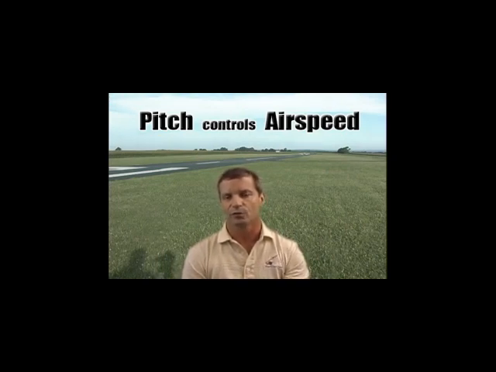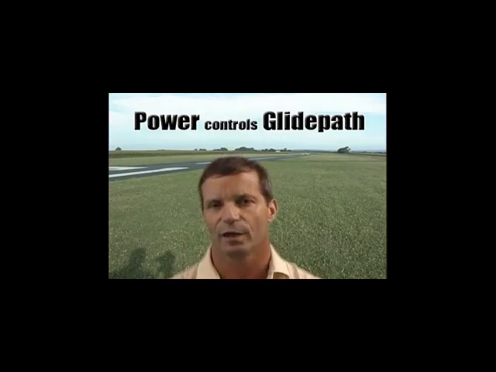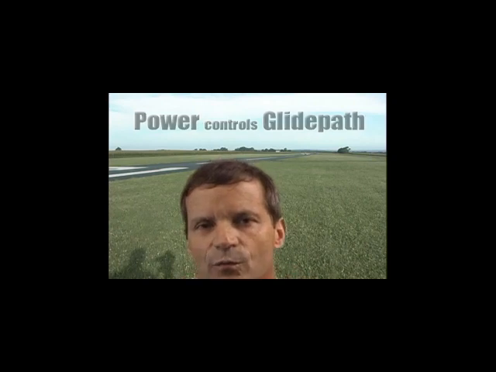So airspeed control is critical, and the primary control for controlling the airspeed is pitch attitude. So I constantly am watching airspeed with pitch, and then I manage my actual glide path relative to the circle of action with power.